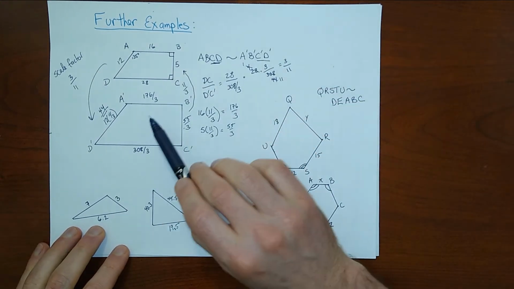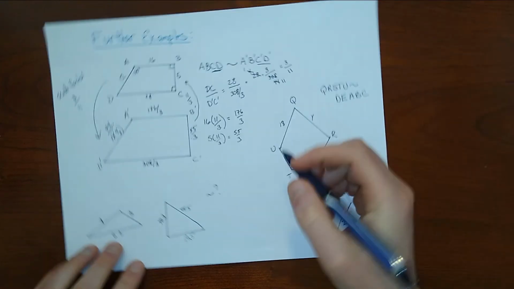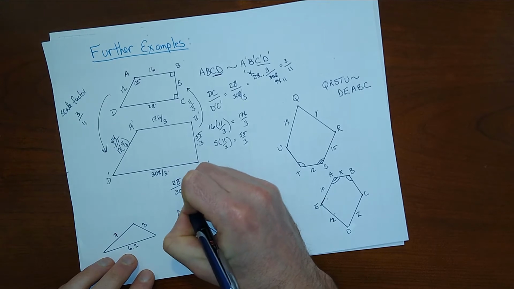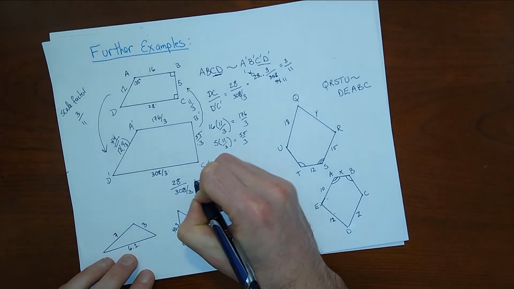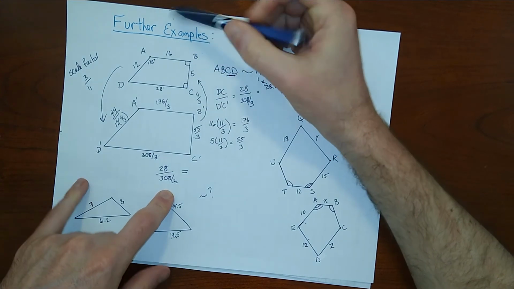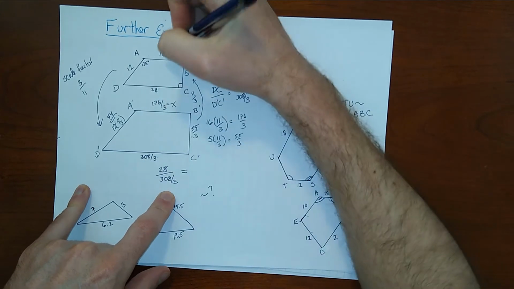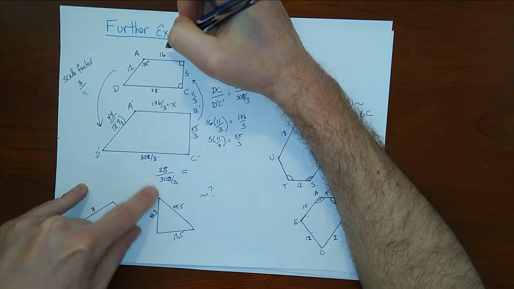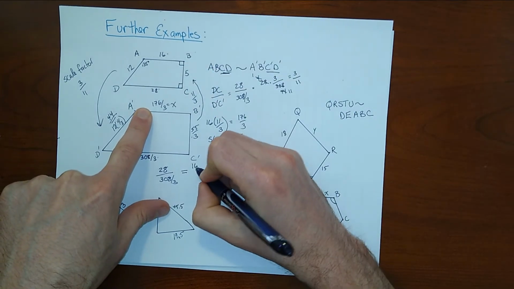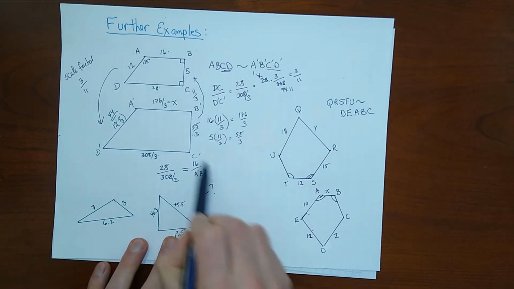You could say, well, I know that 28 to 308 over 3 was one of the ratios, and that ratio has to be the same as the ratio between the other sides. So let's take this first side here, 176 over 3 that we found. That's the same ratio as 16 compared to this side length. And so I have a proportion.